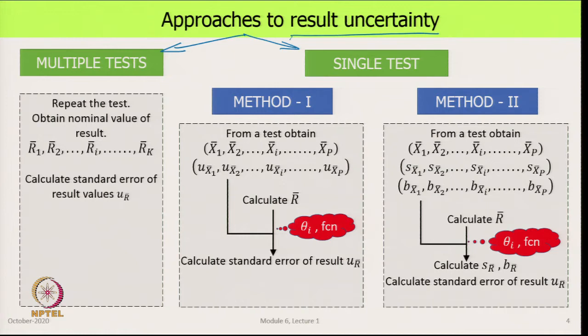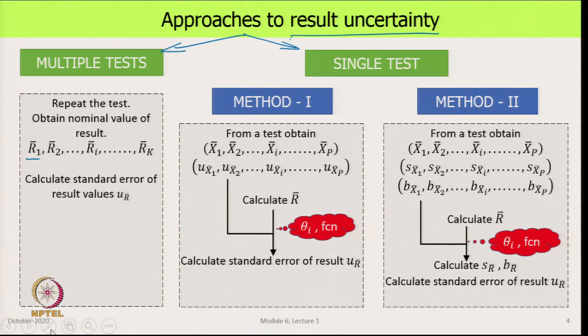In this lecture, we will look at multiple test method in more detail, but the idea is like this. We do an experiment once and calculate the result, and that is what gives us R 1 bar. That means result from the first experiment. For that, we had all the mean values of the parameters.